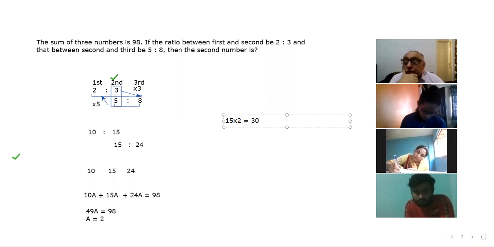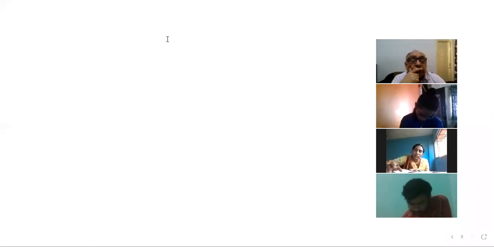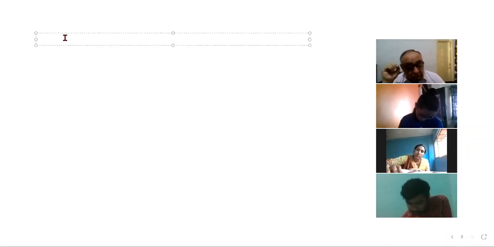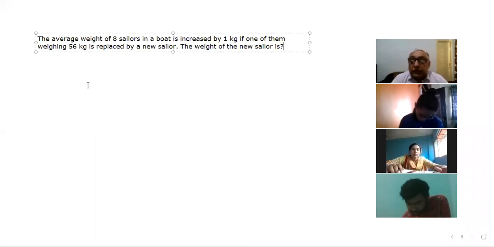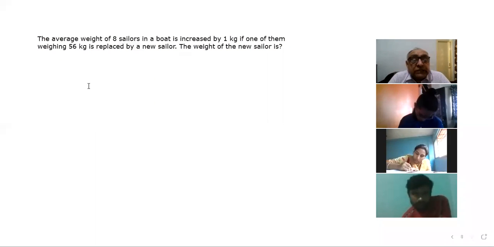So now I am moving into the next question. The next question is, the average weight of 8 sailors in a boat is increased by 1 kg if one of them weighing 56 kg is replaced by a new sailor.